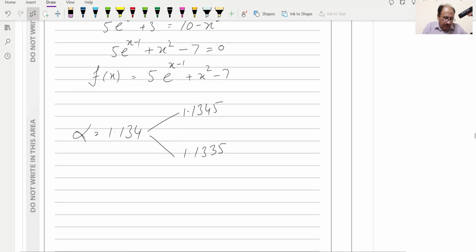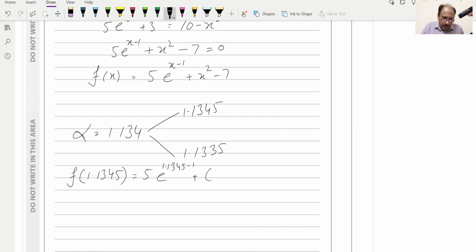So f of the upper bound 1.1345 will be equal to, we will replace this value in this equation. We can also use a calculator for that purpose, but I'm just showing the working.